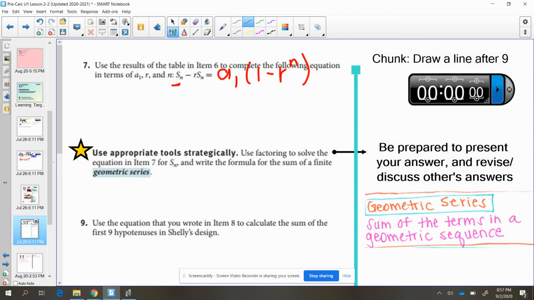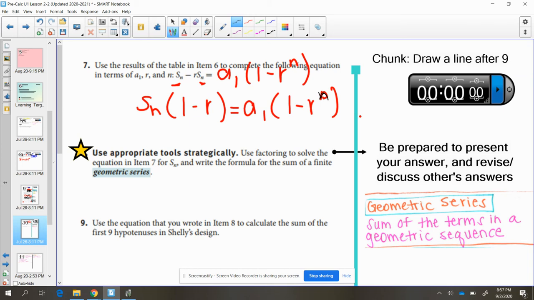We have a GCF of S sub n with both of these. So 1 minus R, and that equals that A sub 1, 1 minus R to the n power.